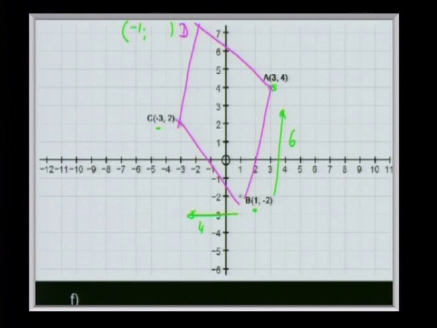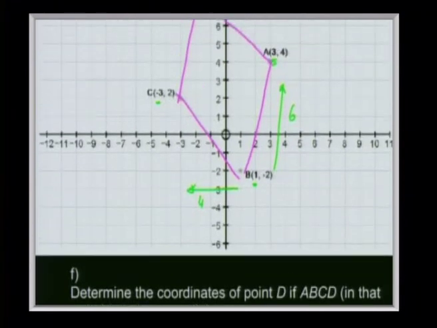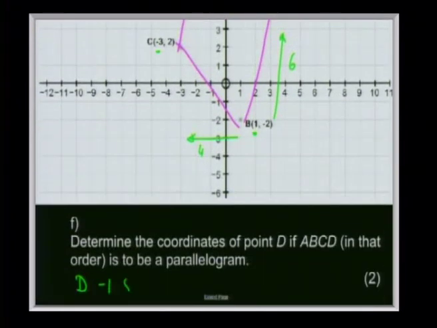So from 2 to what value would they change 6 upwards? 8. So our answer would be D would be the point, just double checking our calculation, minus 1, 8.